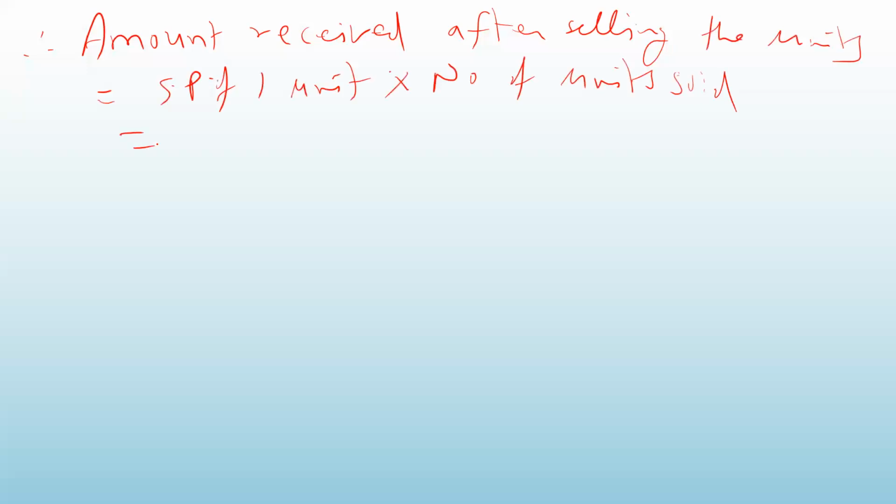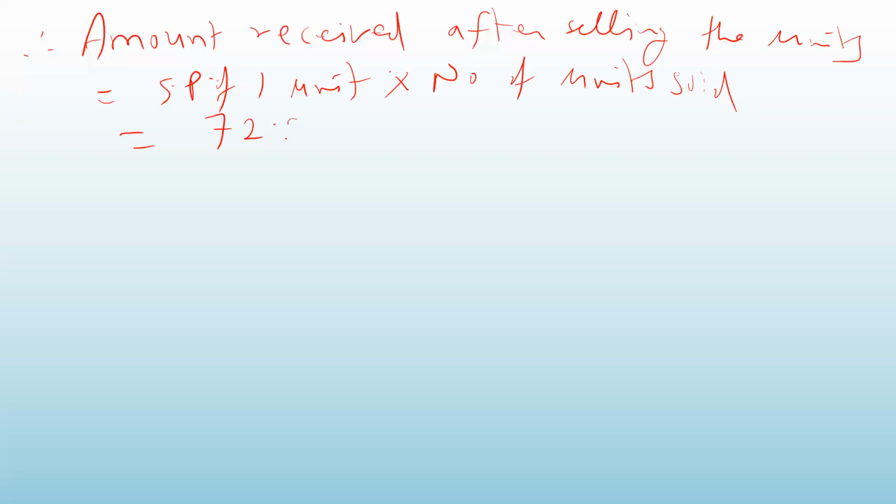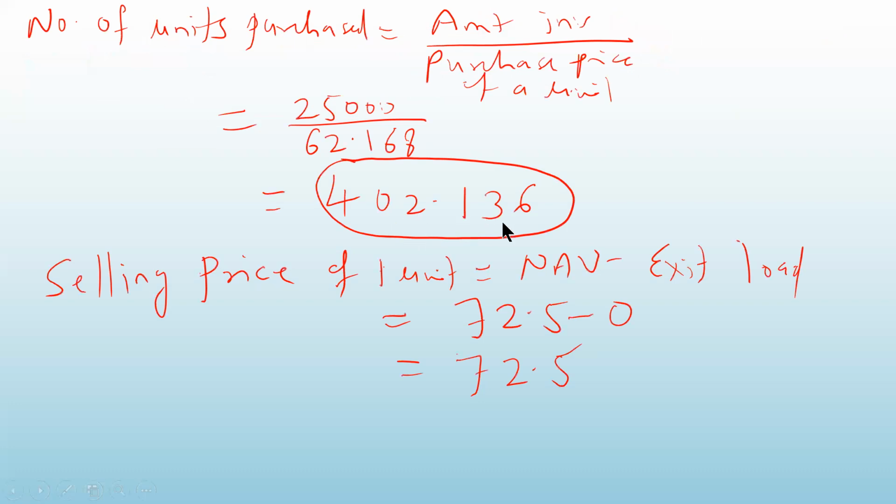What is the selling price of one unit? 72.5. And what is the number of units sold? 402.136.